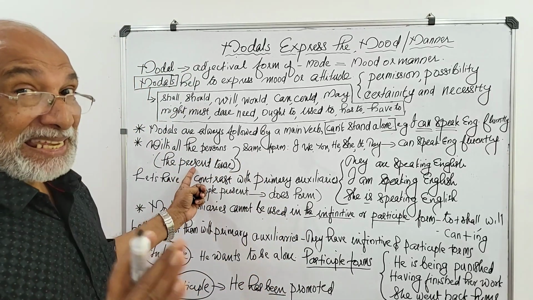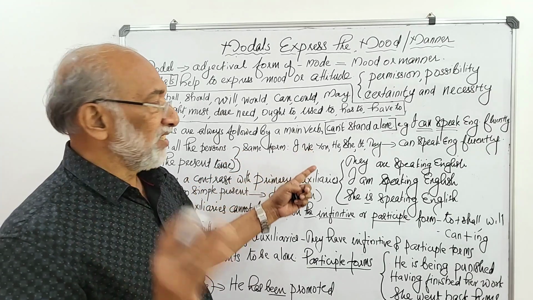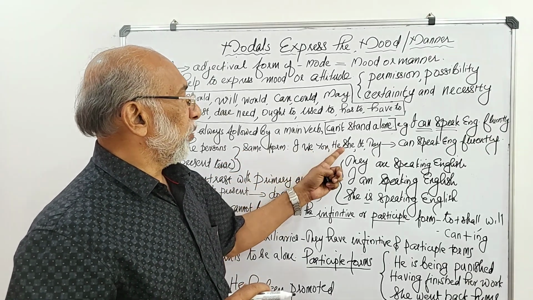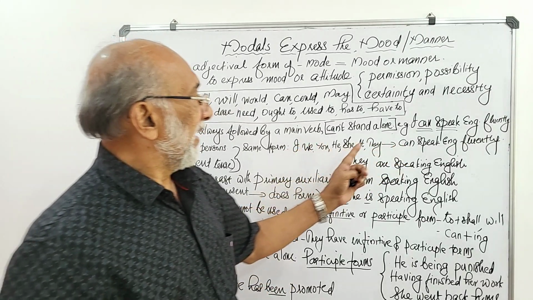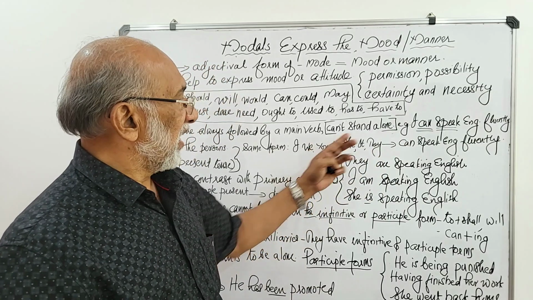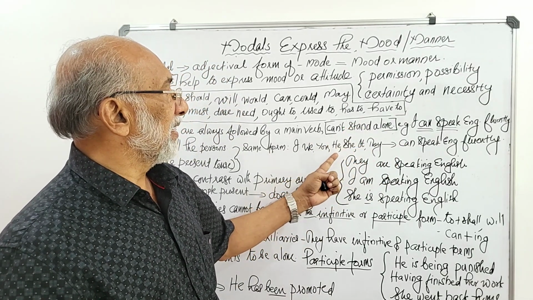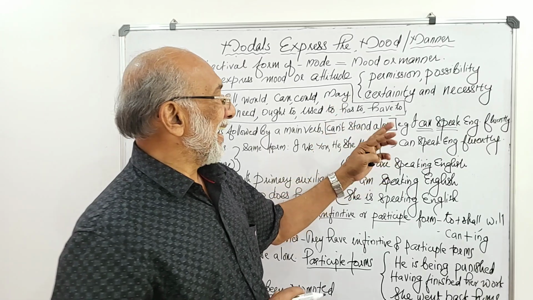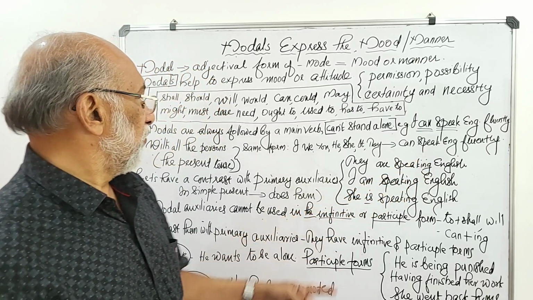Same form, no change. With all these we can say: I can speak English fluently. We can speak English fluently. You can speak English fluently. He, she, it can speak English fluently. They can speak English fluently.